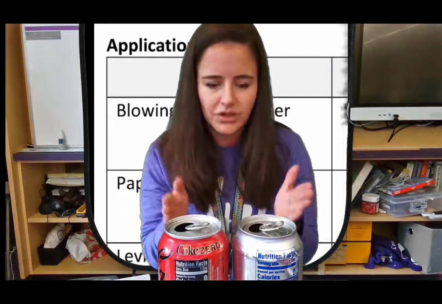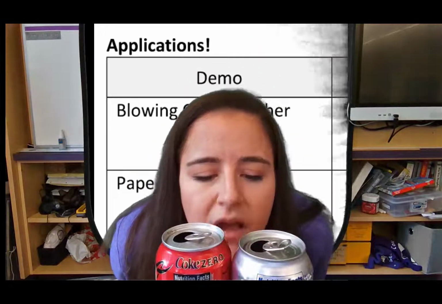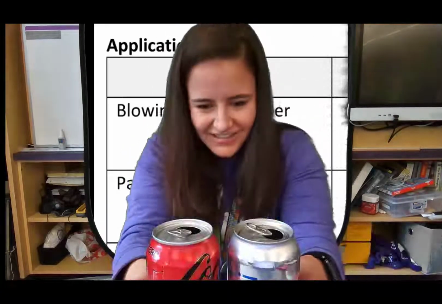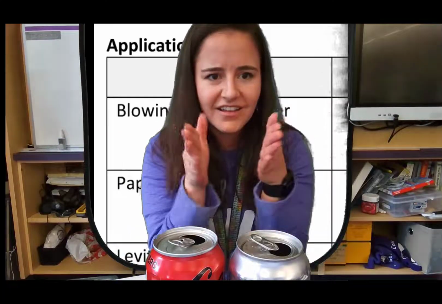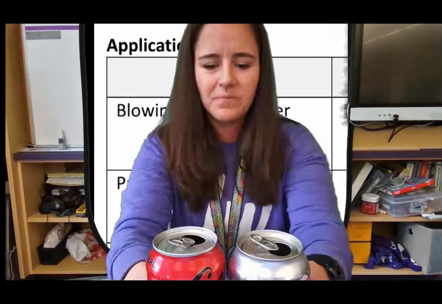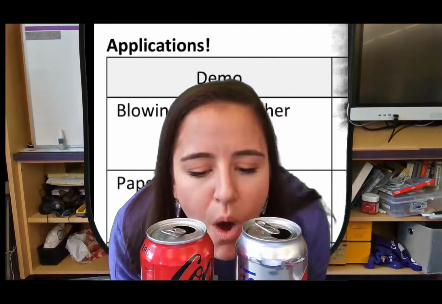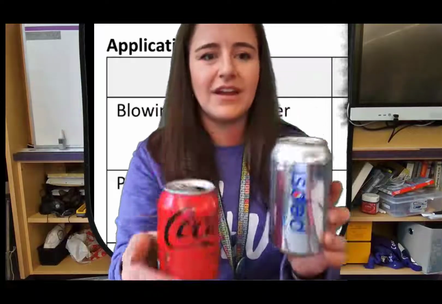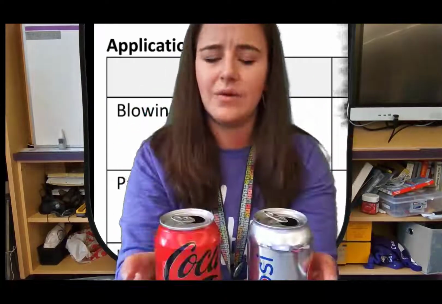If I blow at them, they should go apart. But let's see if that's what happens. Okay, see if we can see it again. They move together. What happens is when I speed up the air in between them, the air pressure between the 2 cans gets lower.